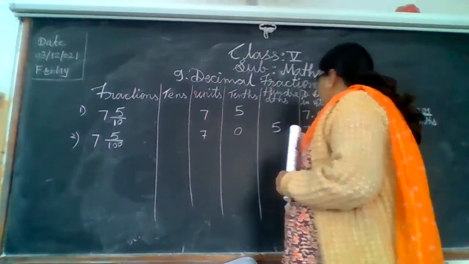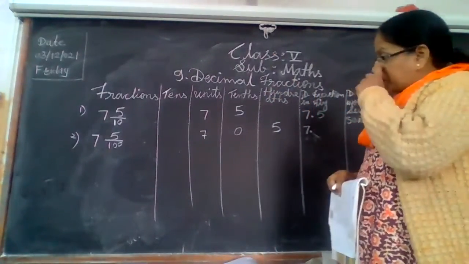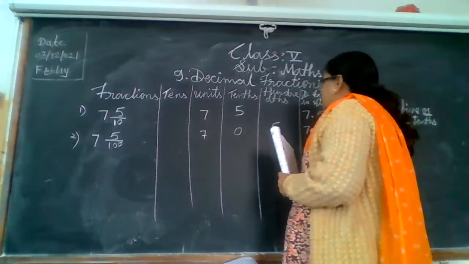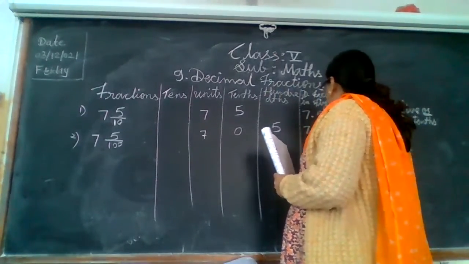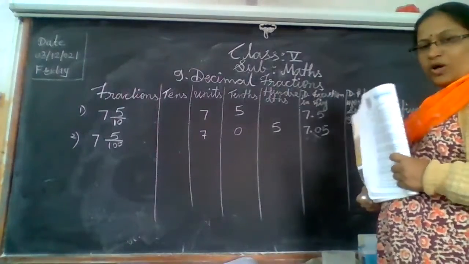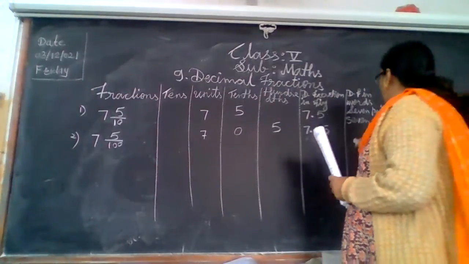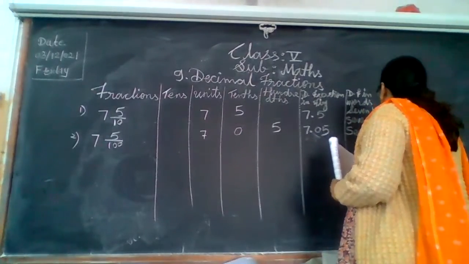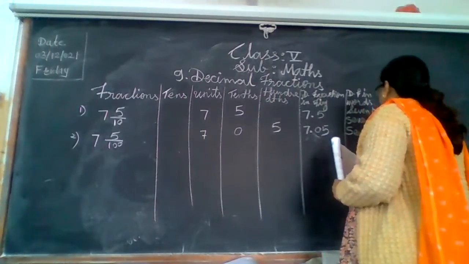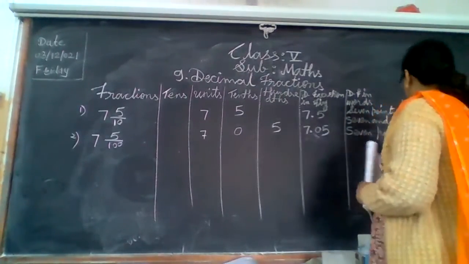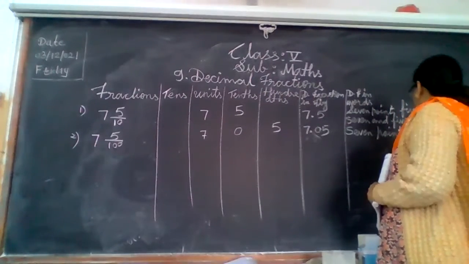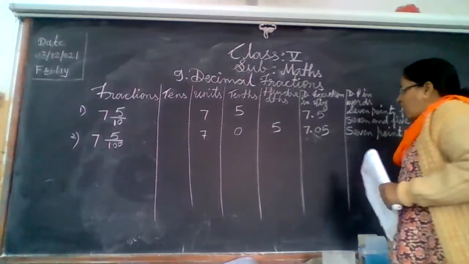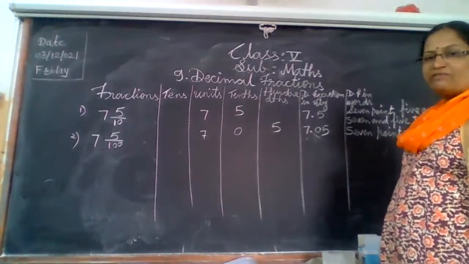Put the dot because the whole number is over, the tenths place is 0, and it is 5. So how will you read this? 7.05, or 7 and 5 hundredths.